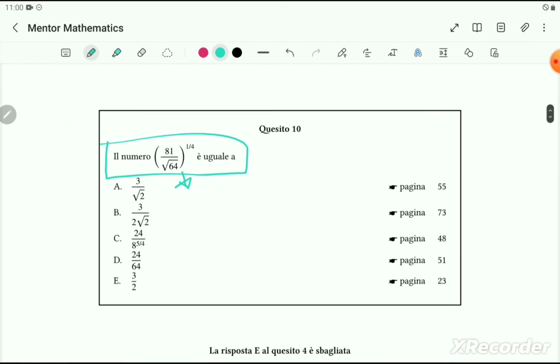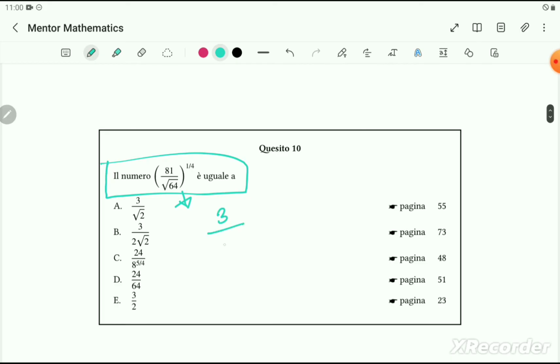But look here, no option is similar to this, like 3 root over 2. It can be answer 3 by 2 root 2.